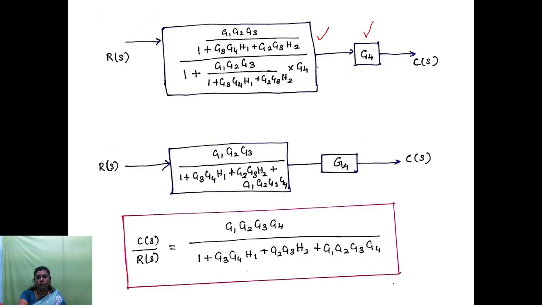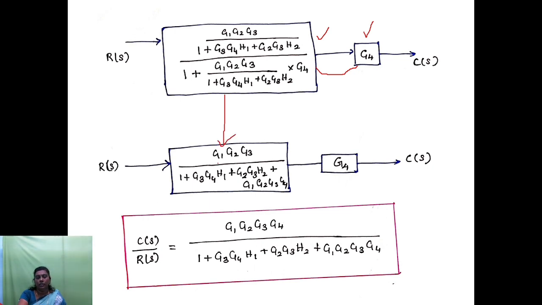So these two blocks are now in series. So what we can do is multiply the gain present in each block. After taking LCM, this block gives the function like this.